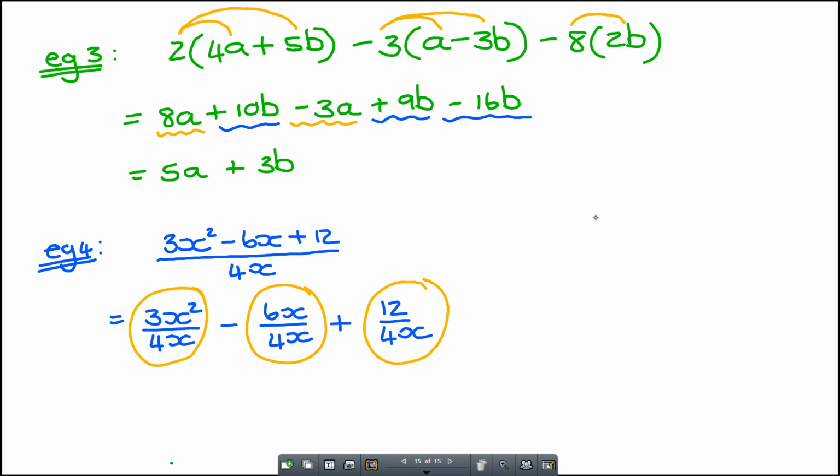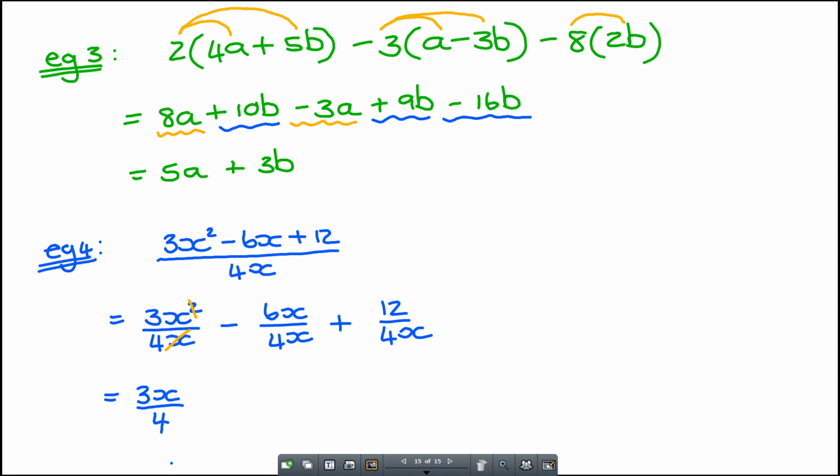If I cancel out, I can take x at the bottom and x at the top. So what's left there? At the top, 3x over 4. Then minus, now I can take x and cancel it with this x.